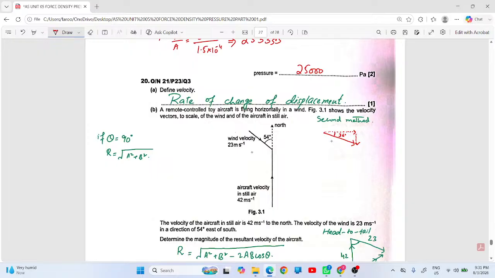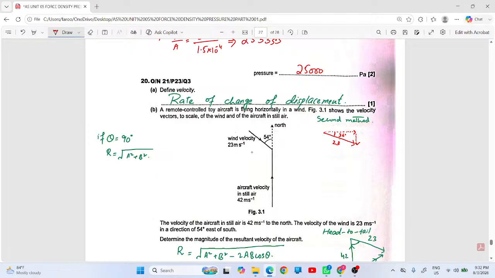The velocity of the wind is 23 meters per second. Okay, so the angles are 36, 54, 90. Now we have to make the two components.